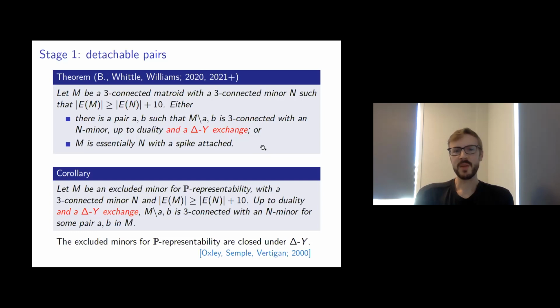The case where we get essentially N with a spike attached, we can also show that these don't appear as excluded minors, so that's not a problem for us. So for all intents and purposes, we're able to say that we can, up to duality, find a pair of elements to delete and keep both connectivity and a minor. Okay, so I'll call such a pair a delete pair from now on.